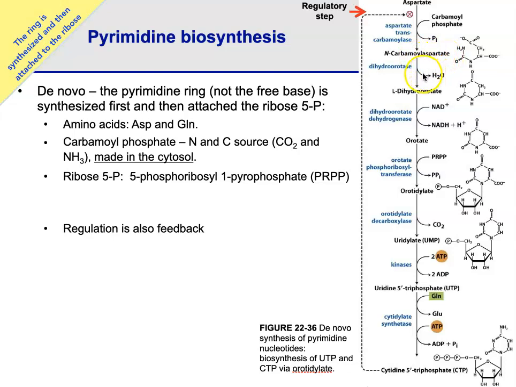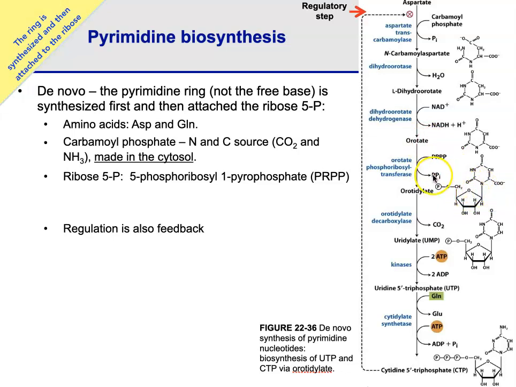Then the compound is dehydrated to close the ring structure, and it's oxidized to form orotate. Now this pyrimidine base is attached to PRPP, or to the pentose.